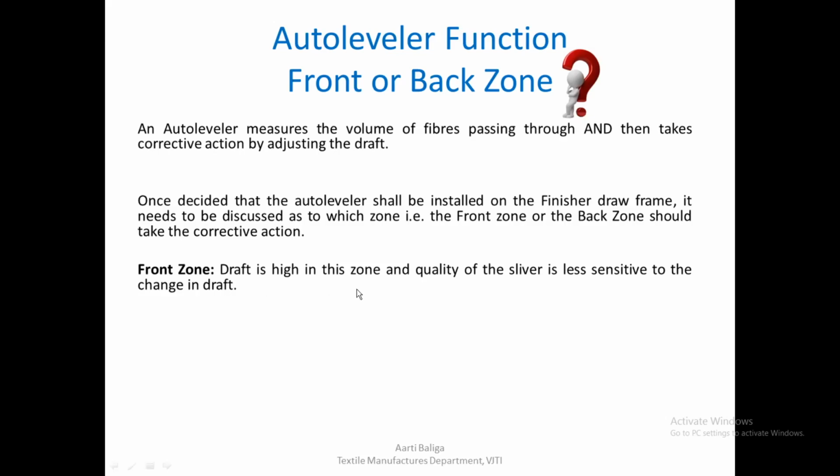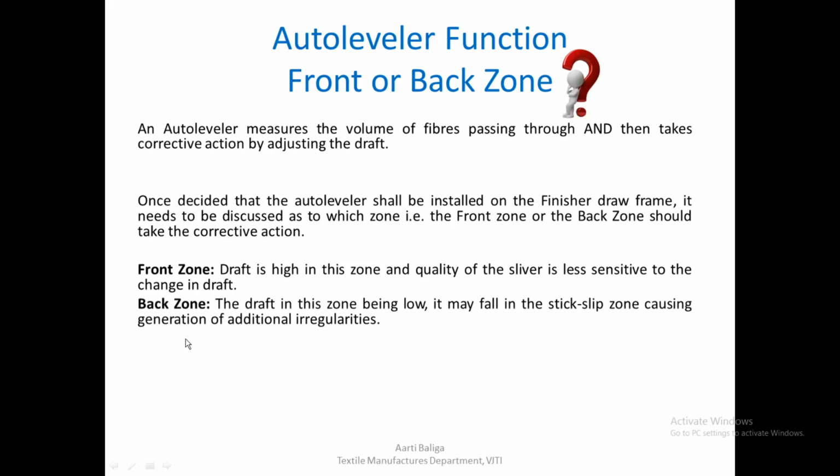This topic we have discussed in the drafting force, where if the drafts are high, then the instability or the drafting forces are low, and that's why there are less chances that irregularities are introduced. Therefore we say that the front zone is less sensitive to the change in the draft values, only because the draft applied here is too high.